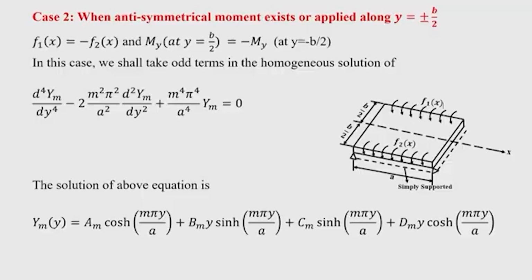Therefore, in accordance with that, we have to take only the antisymmetric terms, that is sin hyperbolic m pi y by a and d m y cos hyperbolic m pi y by a. So, that means we can retain only the two constants in the solution, C m and d m, which need to be found out.